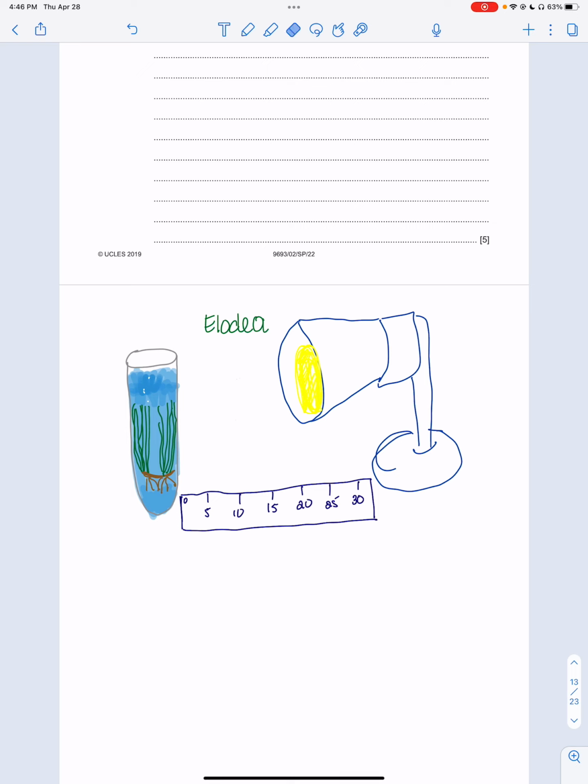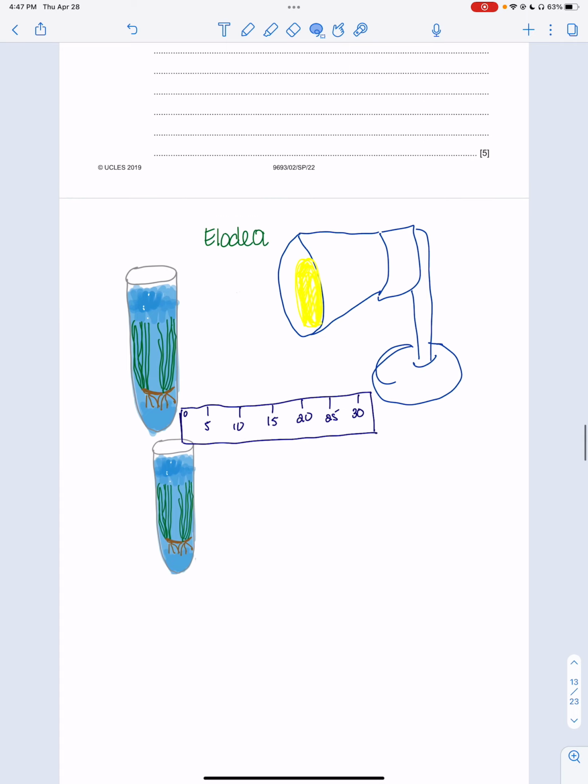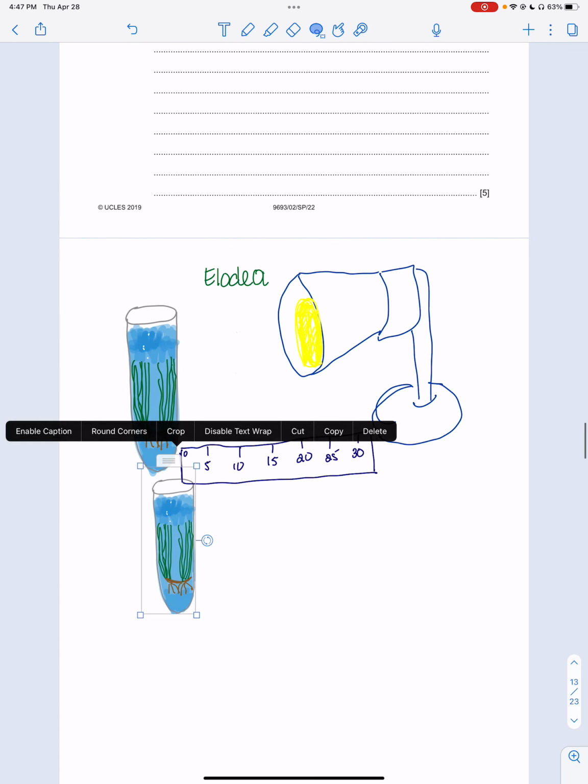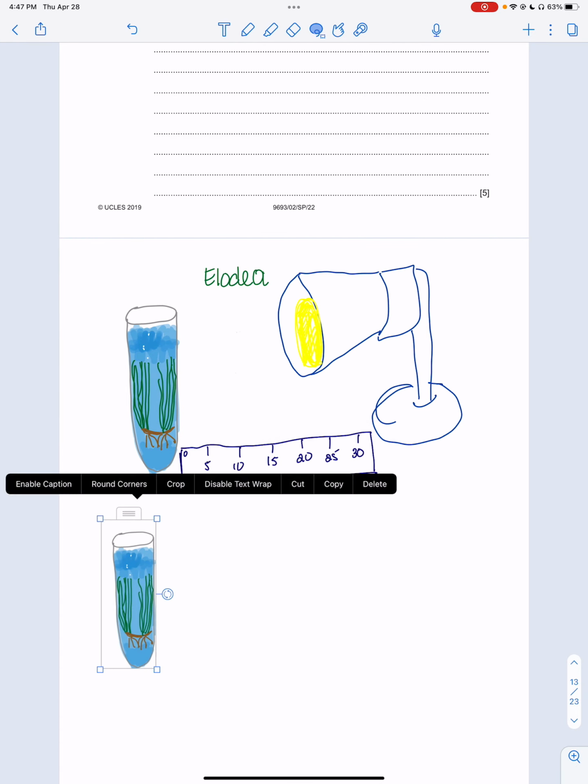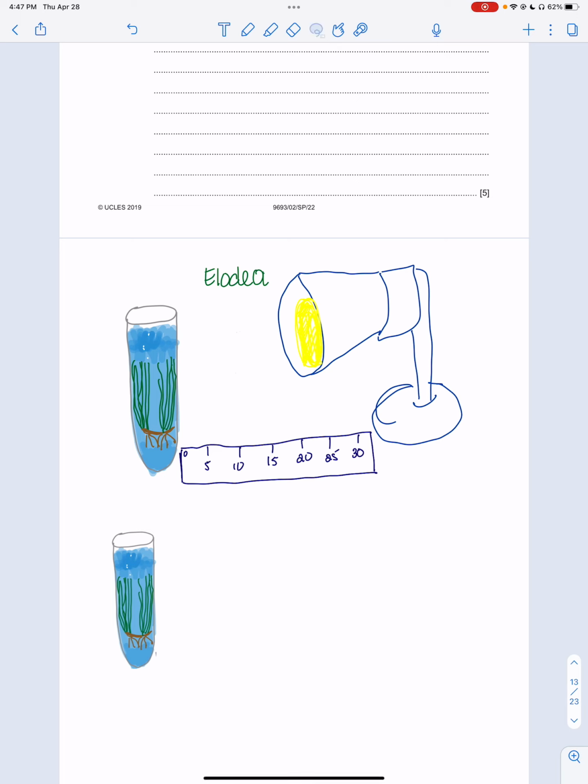And you want to see the effective light intensity. So perhaps you'll do this multiple times. So perhaps you can take this entire thing and just duplicate it.